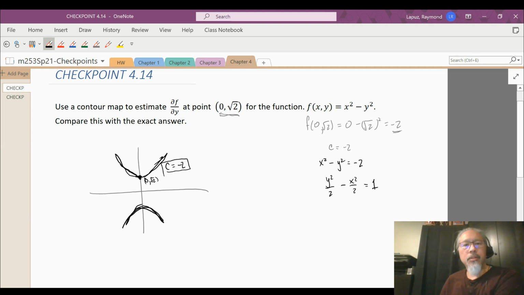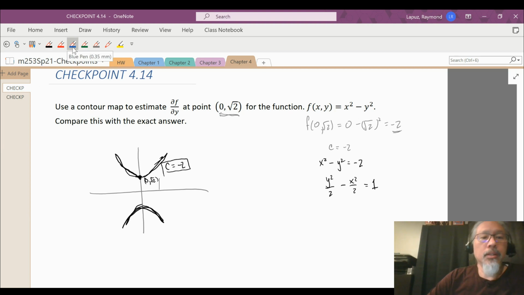Now if we want to move in the y direction, we want another point in the y direction. Maybe we can grab another point over here. Square root of 2 is somewhere between 1 and 2, so we can get 2 itself, or 2 square root of 2. It doesn't quite matter. Let's put 2 in there.